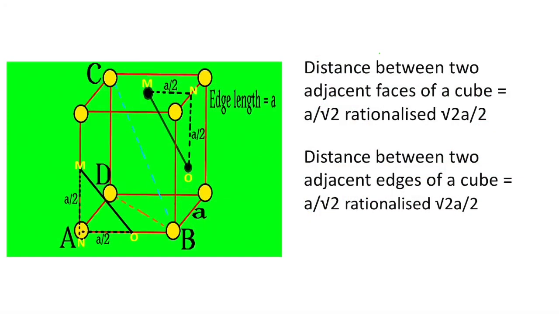So the distance between two adjacent faces of the cube is A by root 2. Rationalizing it, we get root 2A by 2. And similarly, the distance between two adjacent edges is also A by root 2. And rationalizing it, we get root 2A by 2.